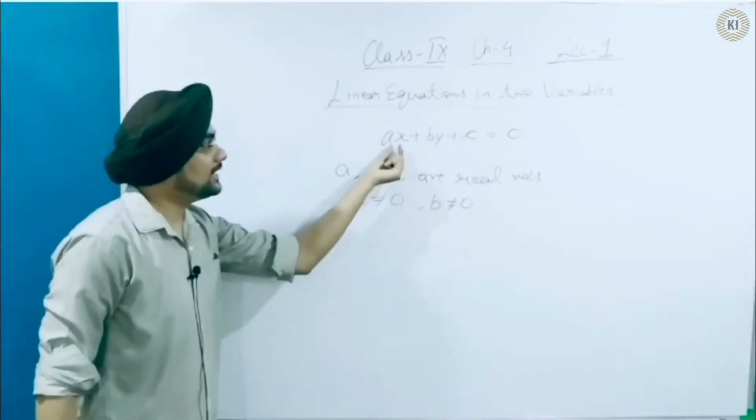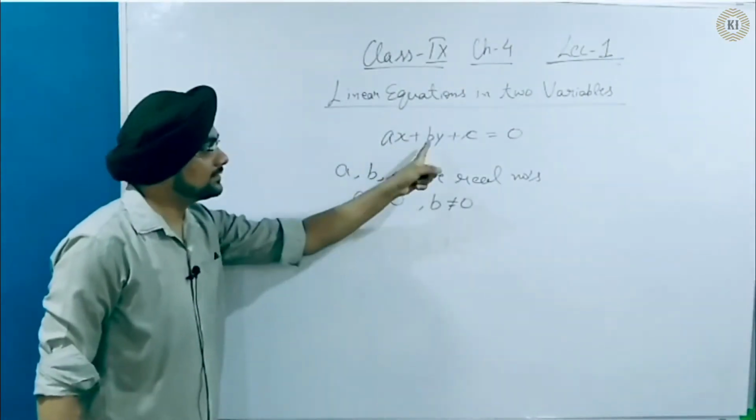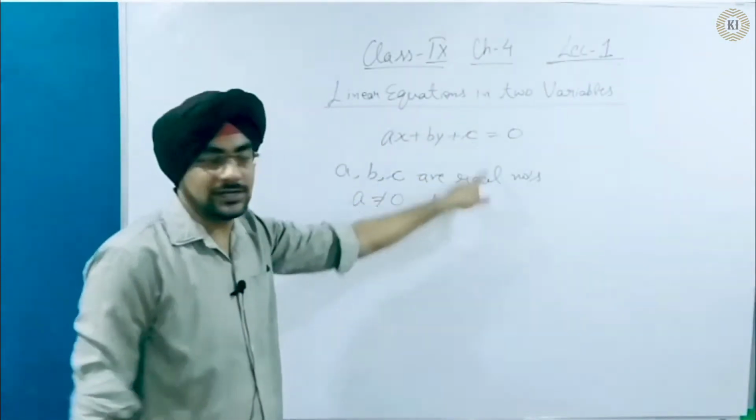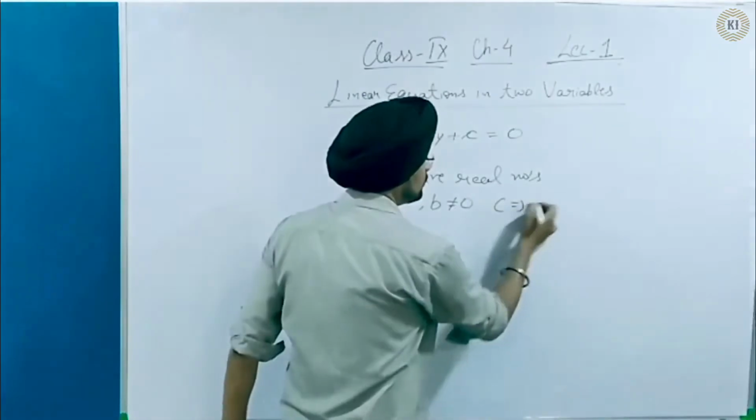You can see that a is the coefficient of x, b is the coefficient of y, and c is your constant term.